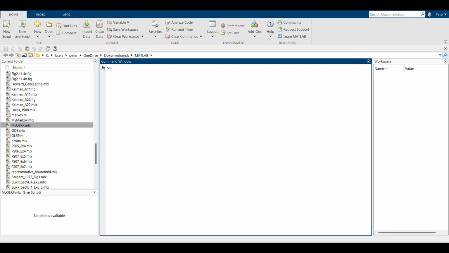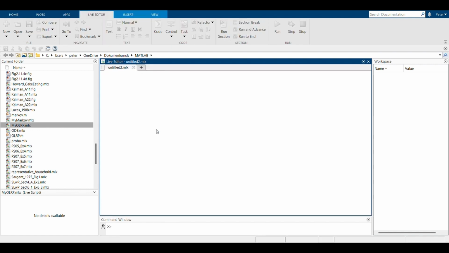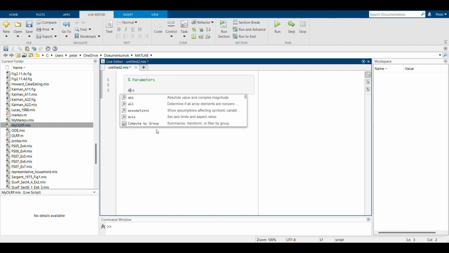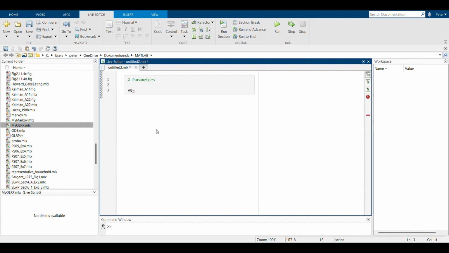Okay, let's try to write our own program to solve Riccati difference equations. Let's start a new live script, and let's start with the parameters. We have 6, A0, which is 100.